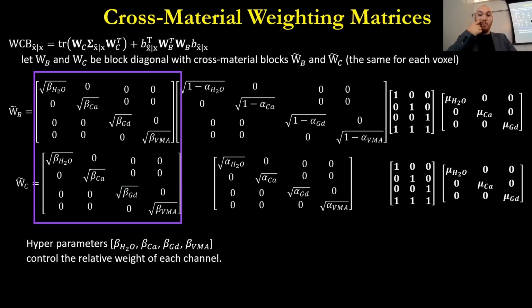Finally, there's another set of hyperparameters beta, which control the relative emphasis on different materials. So increasing beta for one material places a higher penalty on errors in that material overall, including both bias and variance. So this is an 8-dimensional design space already. There's tons of things you could do just with this very simple parameterization. And we're just going to show basically some 1-dimensional sweeps.